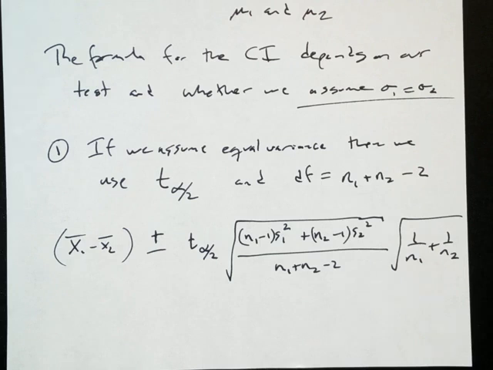The one where I assume unequal variances is nicer, except for the fact that I have to use that Welch calculation.